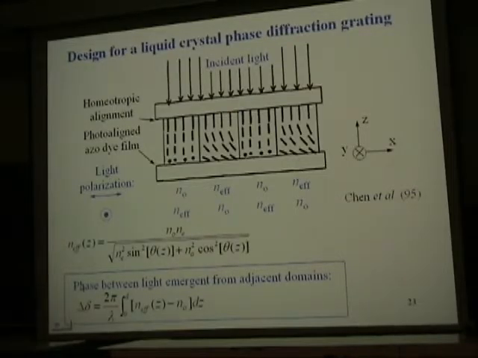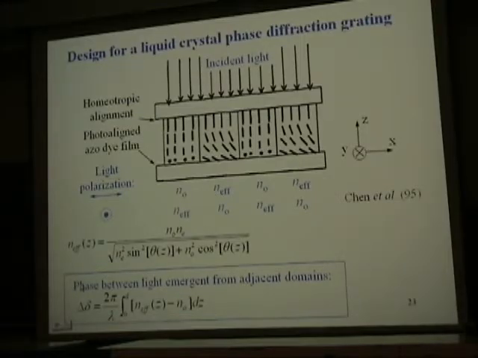With this, when light comes in, whether it is polarized in the x direction or in the y direction, it will see the liquid crystal to be an inhomogeneous medium with dielectric property that alternates between parallel strip domains in which the refractive index is a constant, equal to the ordinary refractive index of the liquid crystal, or in domains where it sees the refractive index to be an effective value that depends on the local liquid crystal tilt angle theta according to this equation.